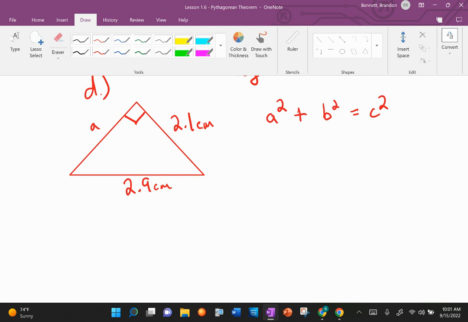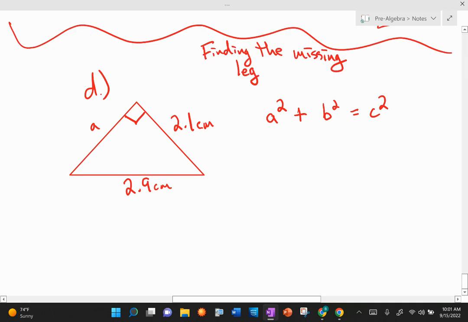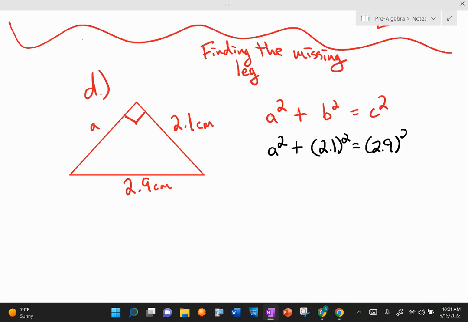I'm not going to finish working it, but this is how it needs to be set up. A squared plus 2.1 squared equals 2.9 squared. You're doing the same formula, but now you're just having to plug in different places.